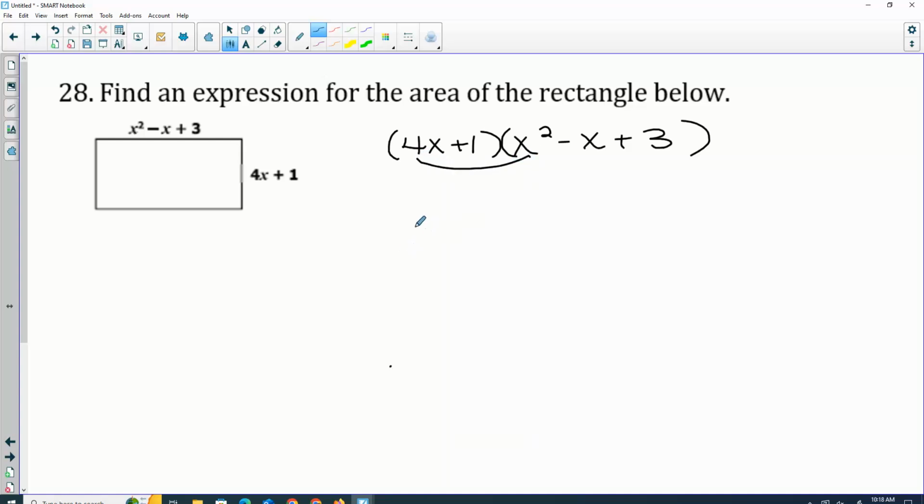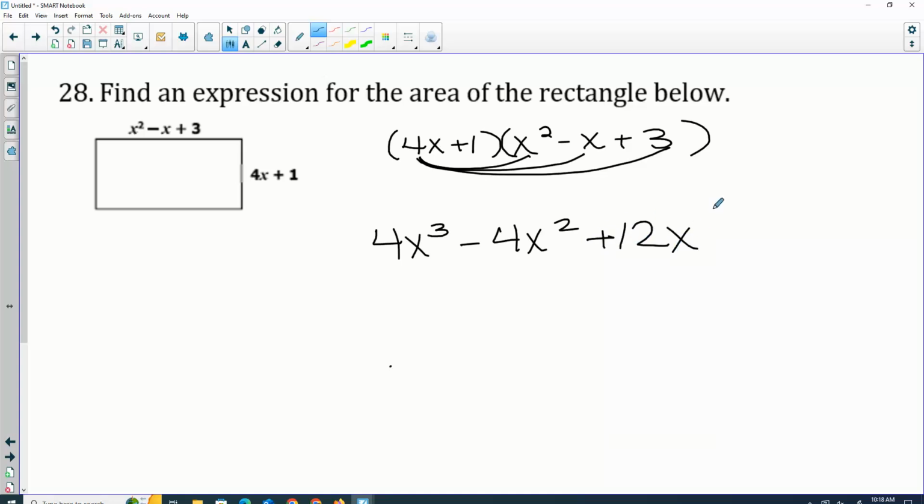So 4x times x squared. 4x times -x. 4x times 3. We're taking everything in the first times everything in the second.